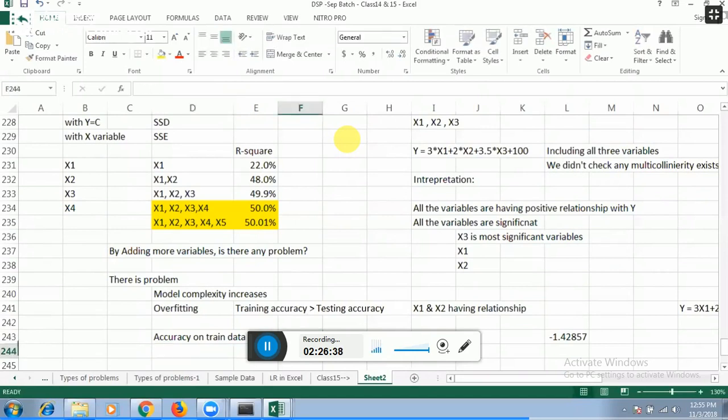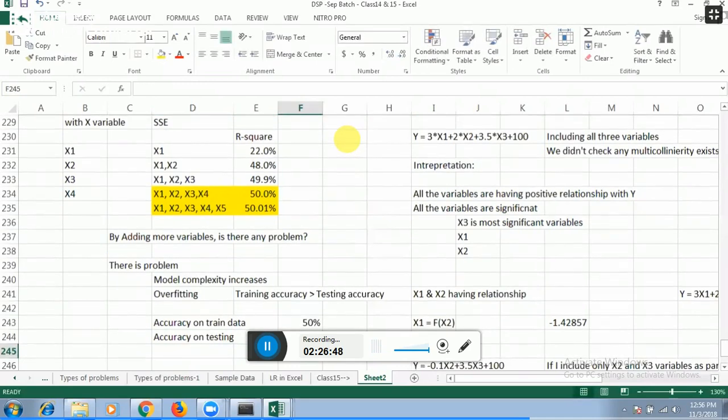This is what you got by including 5 variables. On the testing data, probably you might get 35%. So if on the train data you are getting 50% accuracy and on the test data you are getting 35% accuracy, can you say that that model is validating on the new data?